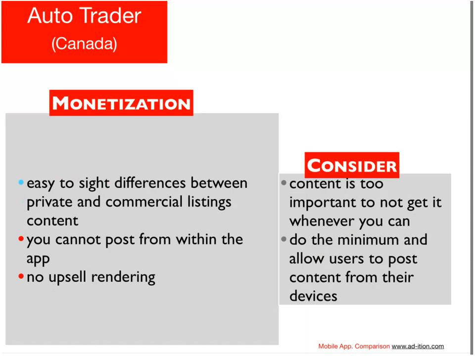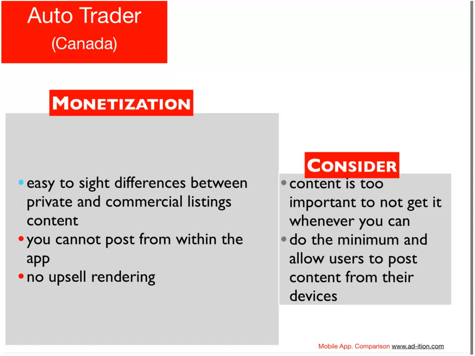When it comes to monetization, it's easy to see the differences between private and commercial content, but again, you can't post anything from the website, nor can you pay for anything from the website. Now, I know I just kind of brushed over that particular point. Unlike the other applications where you could post a classified ad, at least a free classified, you cannot post from this app.